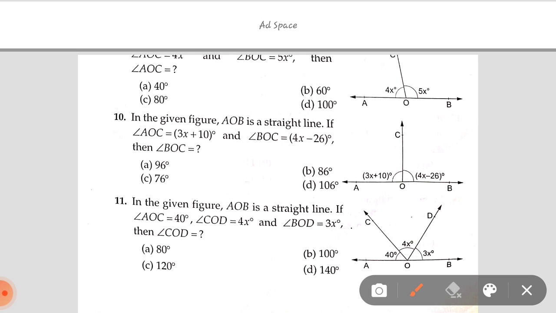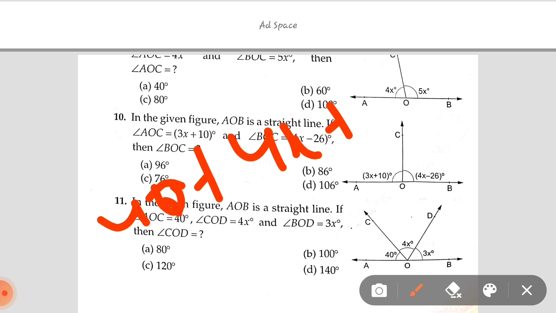First of all we know that AOB is a linear pair, so the sum of all angles is equal to 180 degrees. Then first of all we have to write 40 degrees plus 4x plus 3x is equal to 180 degrees.